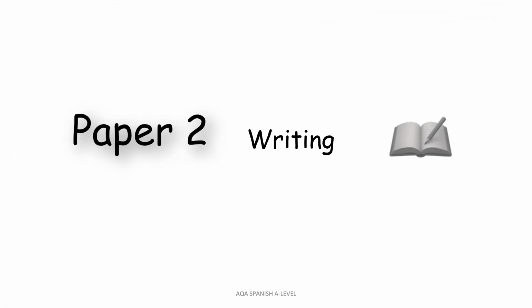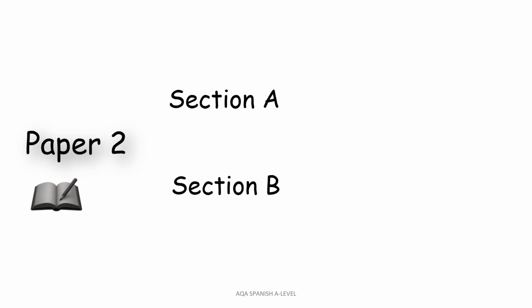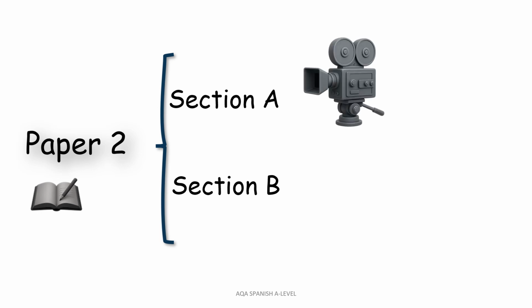Paper 2, Writing. In this paper, we have two sections, Section A and Section B. In Section A, you will find questions about your chosen movie or movies, and Section B is about the book you have read.